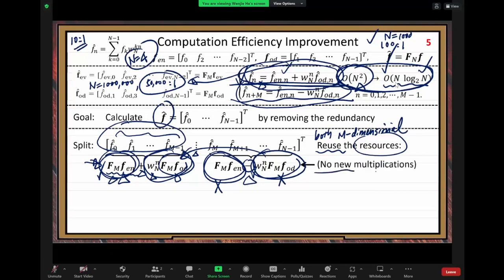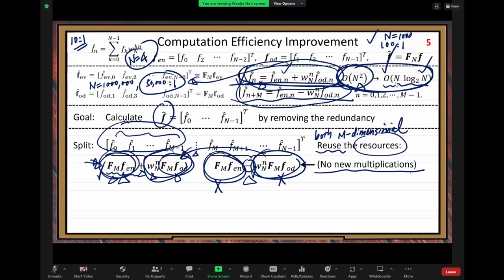So that's the reason we save. You can see we save half of the computation or multiplication. For the second half, there is no new multiplication, and that's a lot.